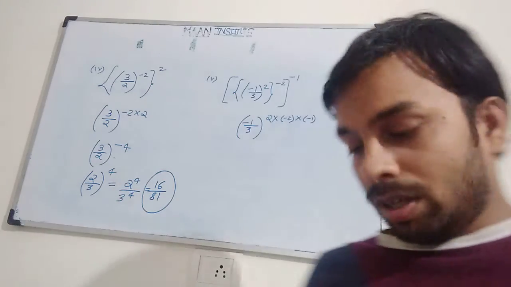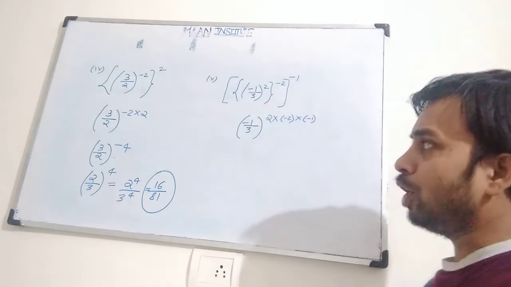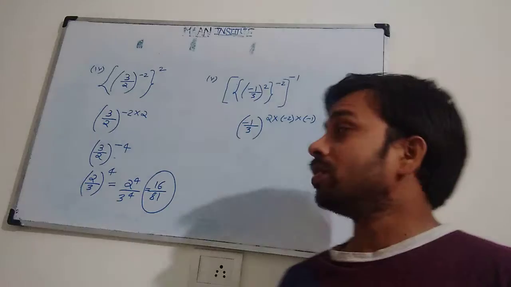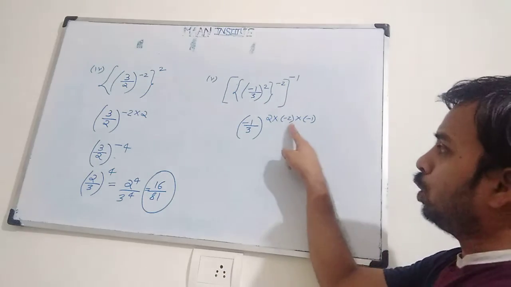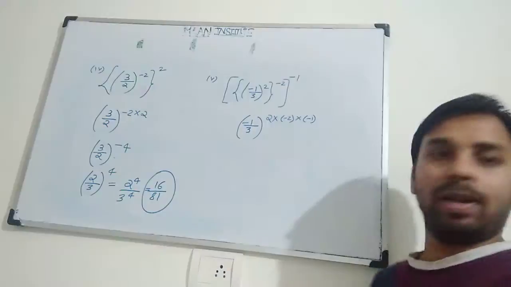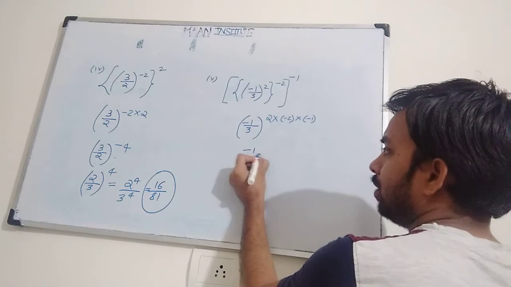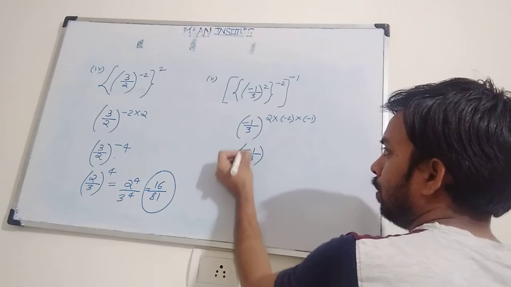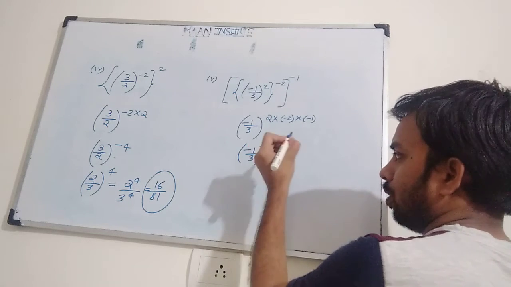Clear? Now we are going to multiply the powers. So this is 2 into 2, 4, 4 into 1 is 4, and minus becomes plus. So minus 1 by 3 to the power 4. Clear?